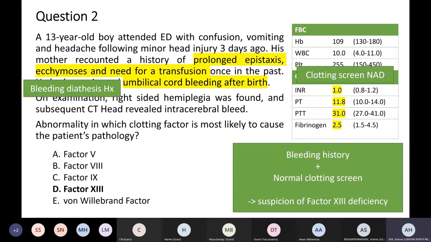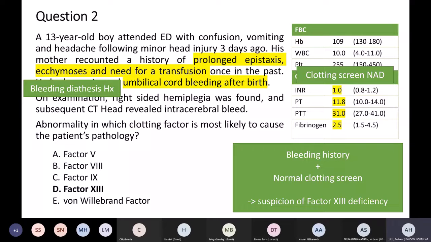The answer actually is D, factor 13. So this is an SBA that's quite likely to appear. This presentation is quite typical for SBAs. What we have is someone with a pretty strong bleeding diathesis history.